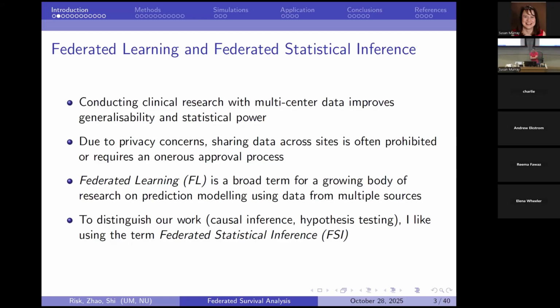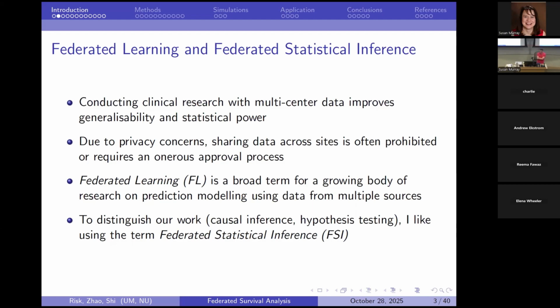So I tend to use two different terms here. Federated learning is a really popular term, but that's really come to mean machine learning and computer science methods, where we do prediction modeling using data from multiple sources. And often this doesn't even mean clinical data or hospital data. Often what we're talking about is trying to train a model based on data from your iPhone, for example, without actually being able to share that data off your iPhone, and using that for entire networks of mobile devices.